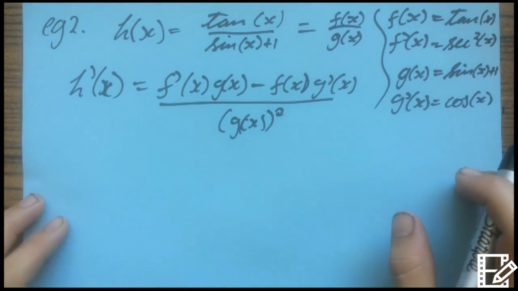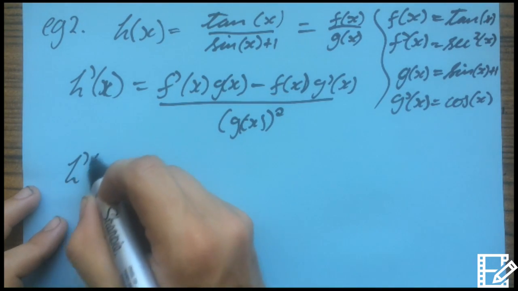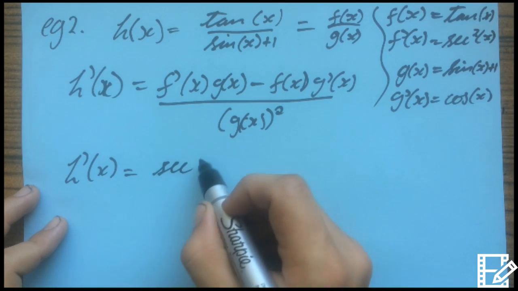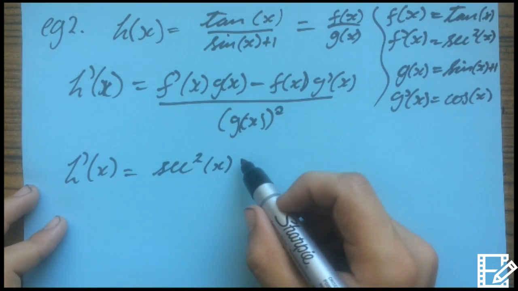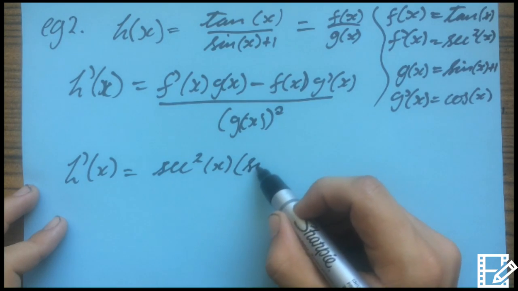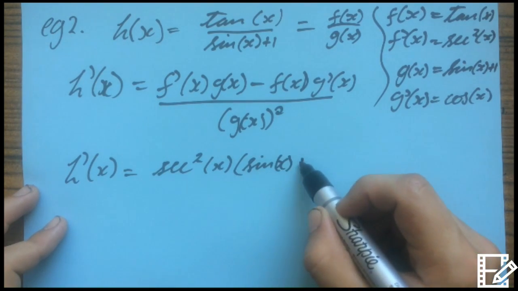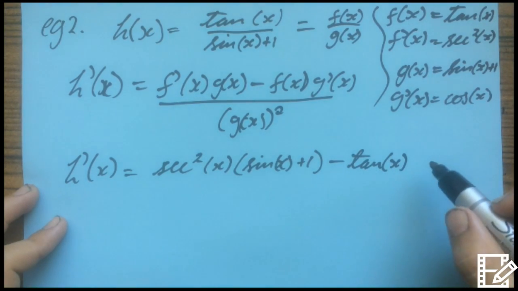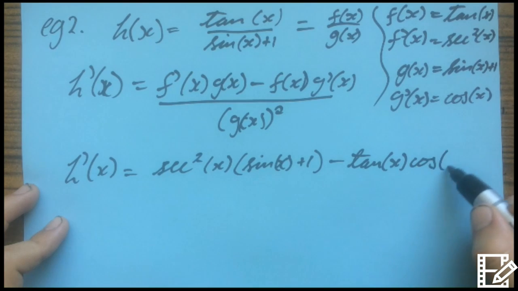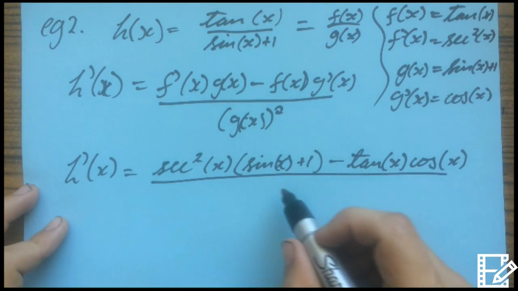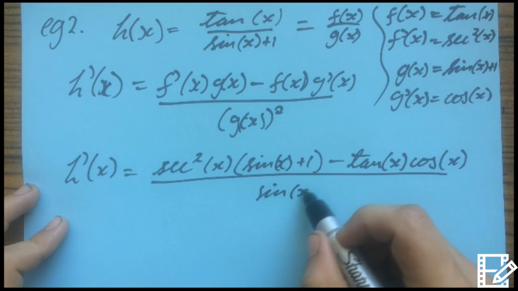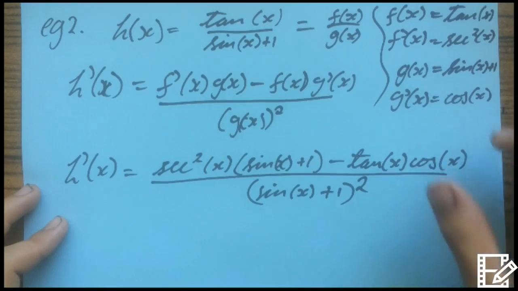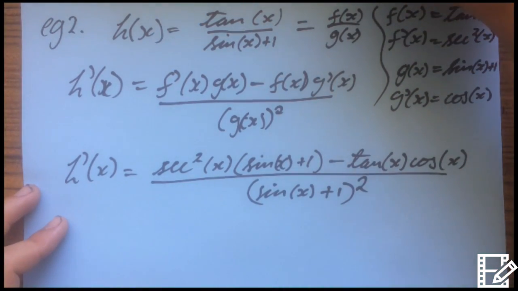So we rewrite this, or input the values. We end up with sec squared x multiplied by sine x plus 1, minus tan x multiplied by cos x, all over sine x plus 1 squared. Okay, that's simplified enough for me.